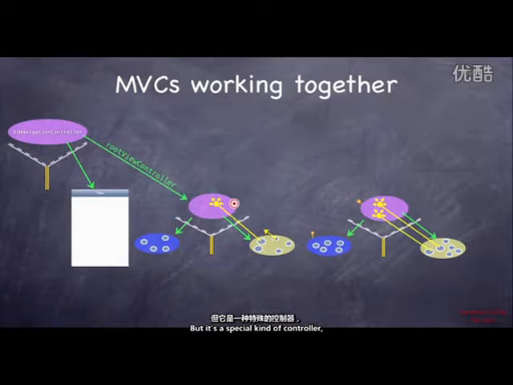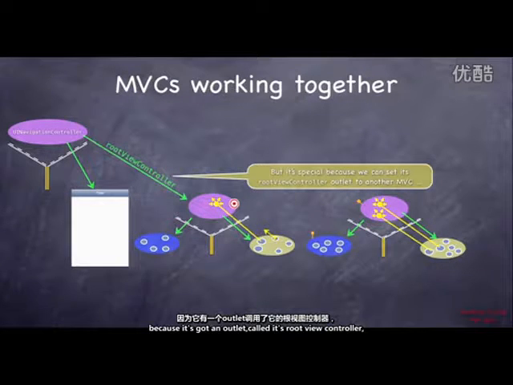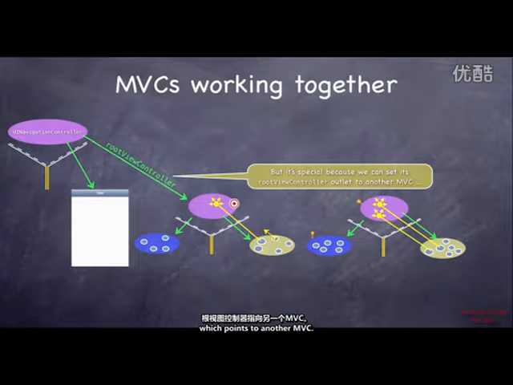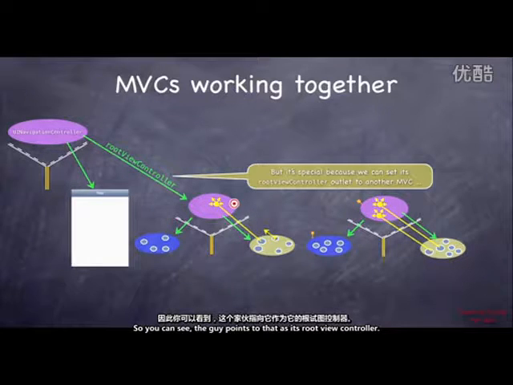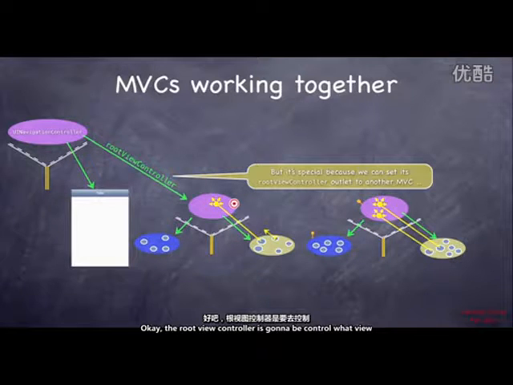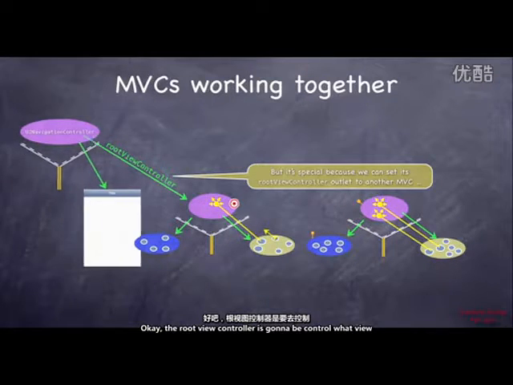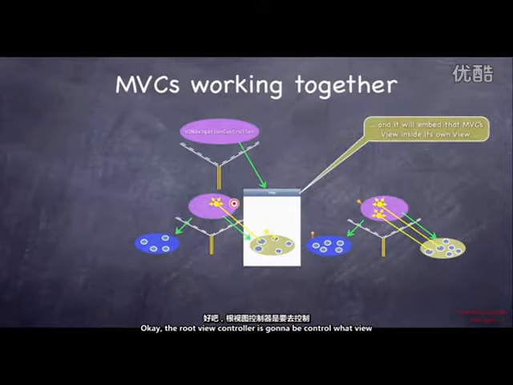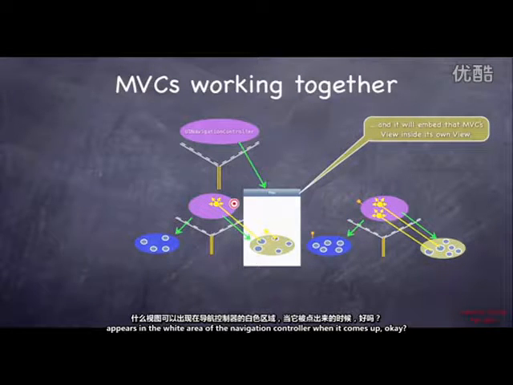But it's a special kind of controller because it's got an outlet called its root view controller, which points to another MVC, to the controller, specifically, of another MVC. So you can see this guy points to that as its root view controller. The root view controller is going to control what view appears in the white area of the navigation controller when it comes up.